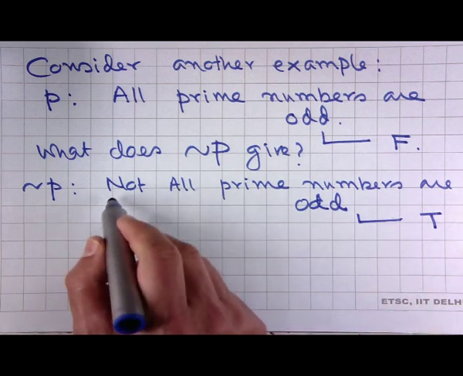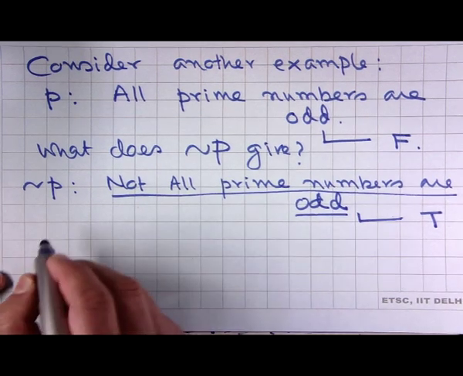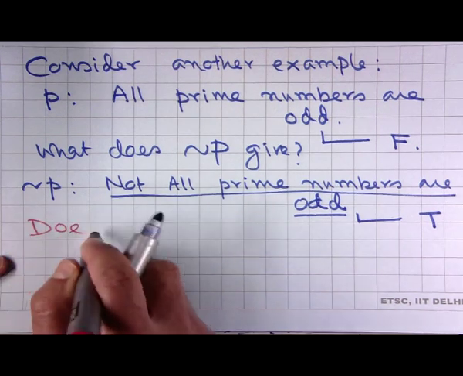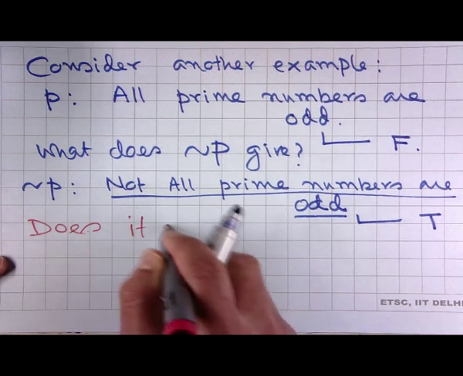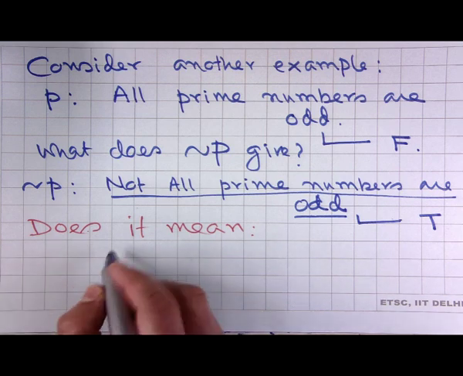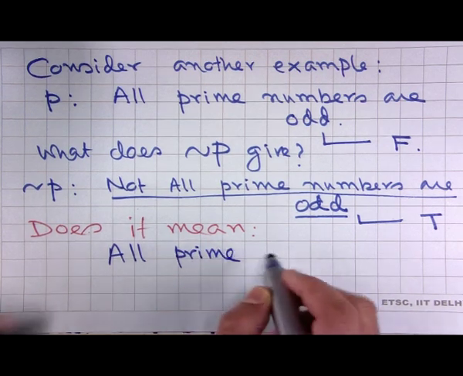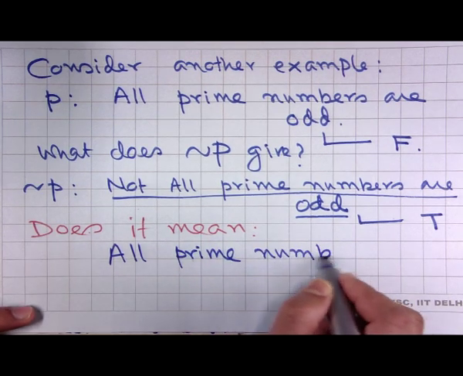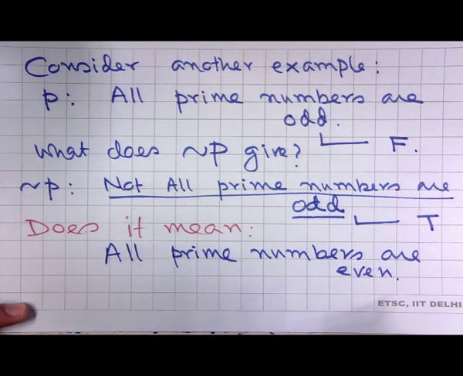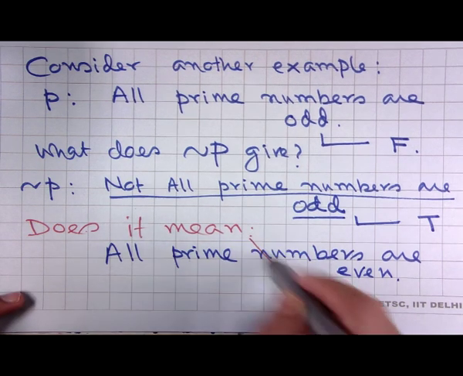Now, what is meant by not all prime numbers are odd? Does it mean all prime numbers are even? No, that is not the right interpretation.